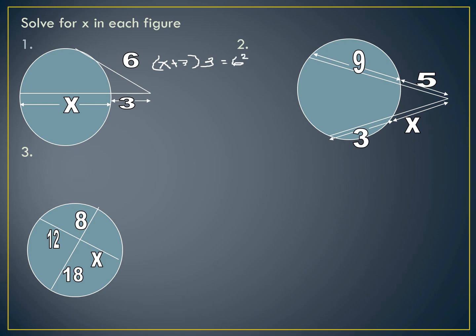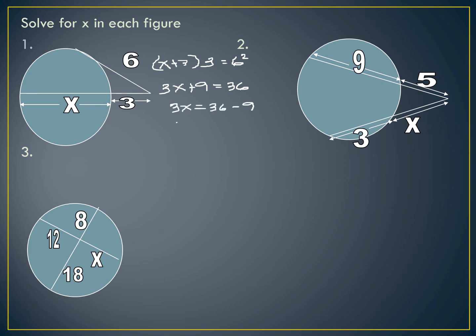So, to simplify, 3 times x is 3x, then 3 times 3 is 9, next, 6 squared is 36, then, using addition property of equality, we have 3x is equal to 36 minus 9.